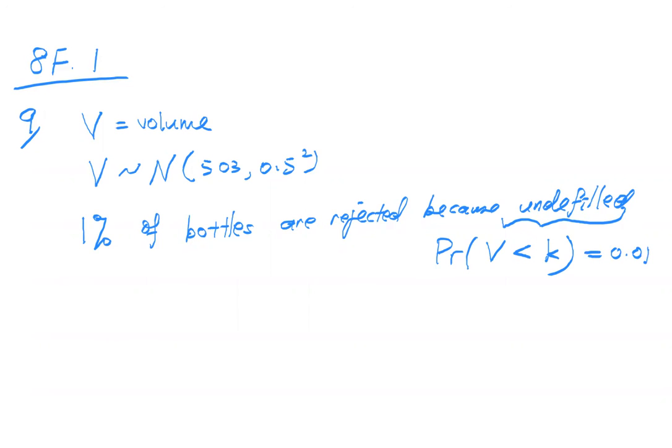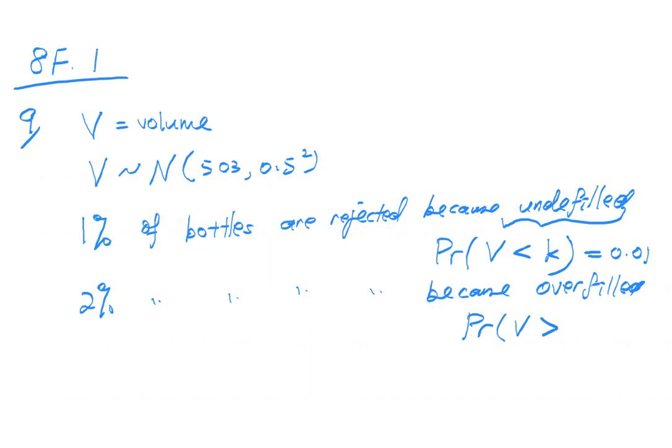And 2% are rejected because they are overfilled. So 2% of the bottles are rejected because overfilled. Overfill means the volume is more than a certain value.